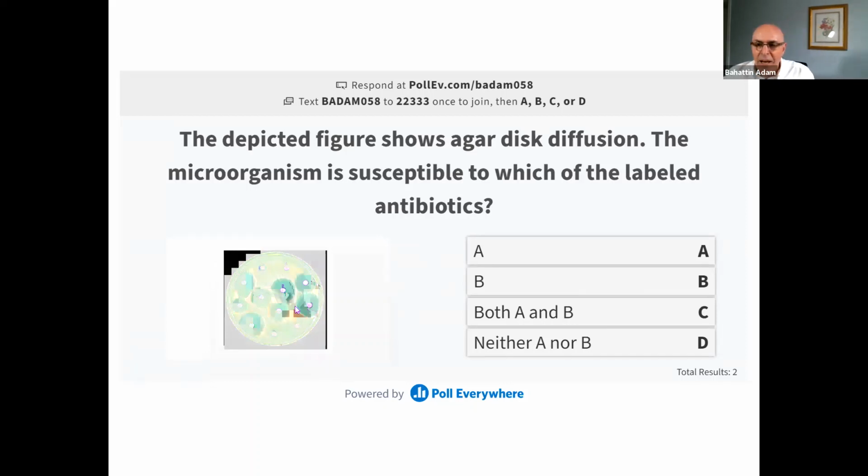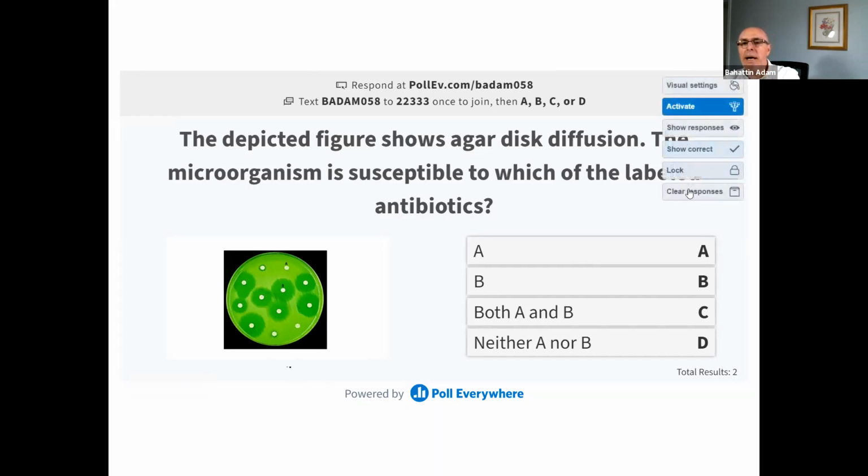Okay, as I said, all these represent one antibiotic, one antimicrobial agent, and the microorganism is susceptible to these antibiotics which have an inhibition zone, and resistant to these antibiotics.